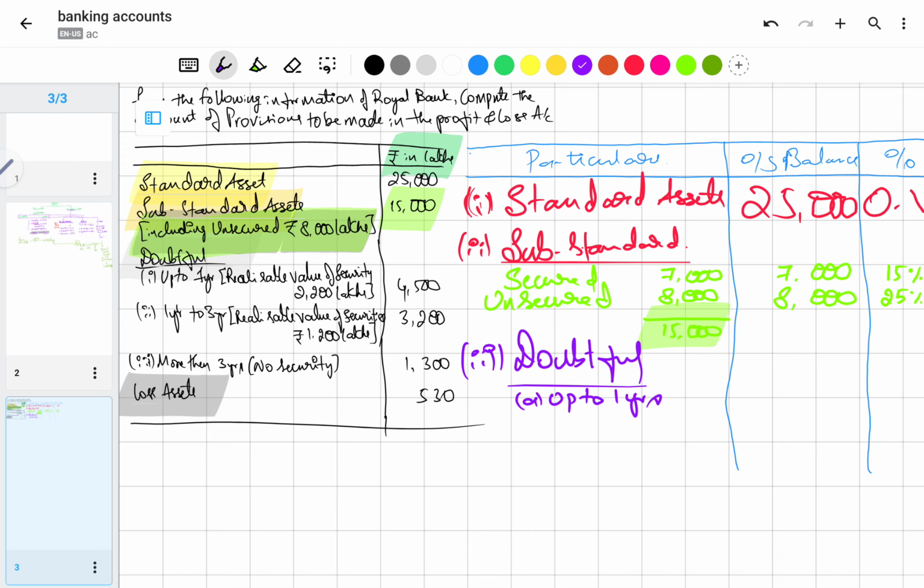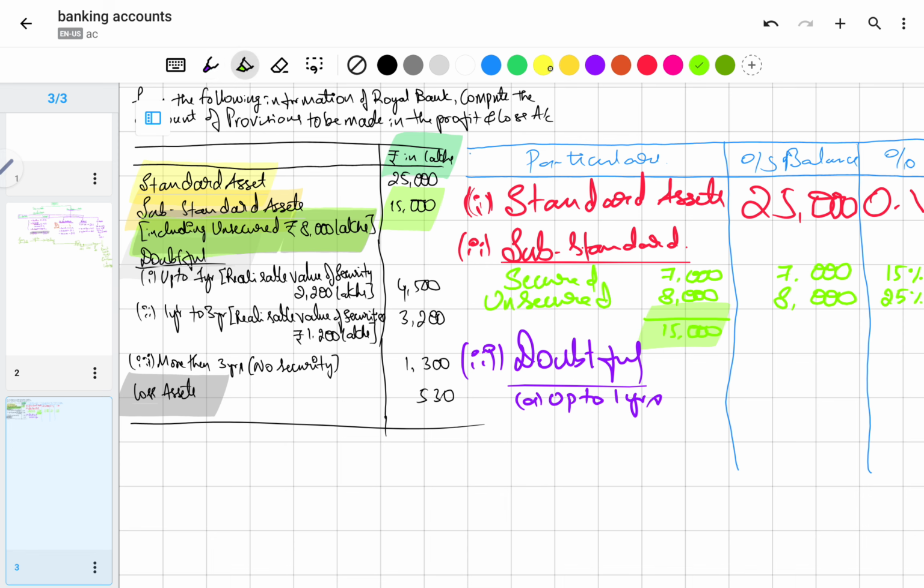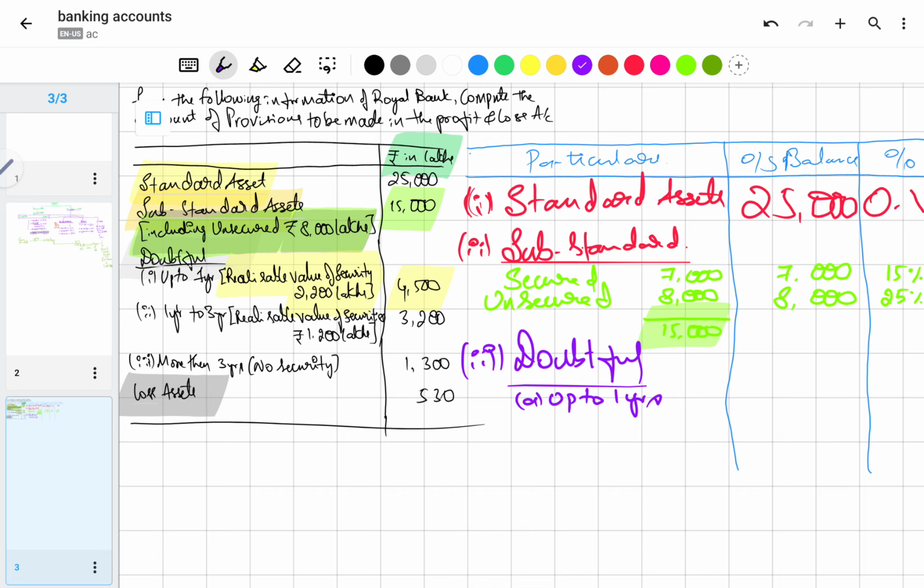Realizable value of securities is 2,200 lakhs, in which amount? 4,500 lakhs is the loan amount.